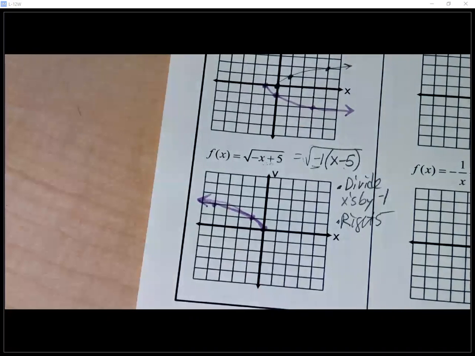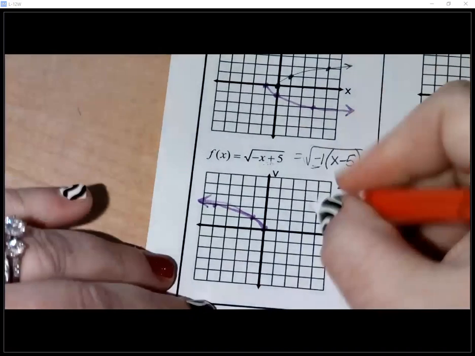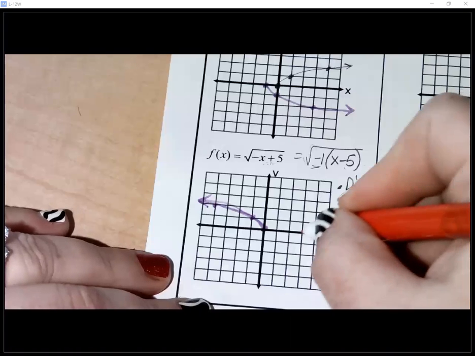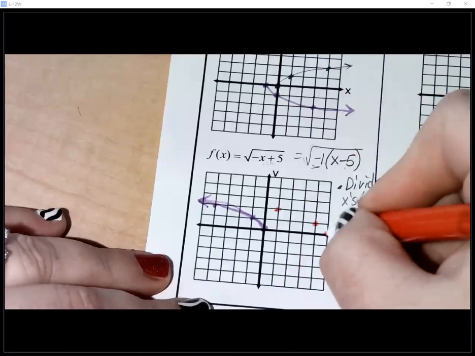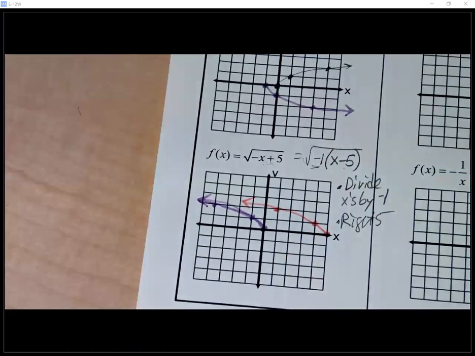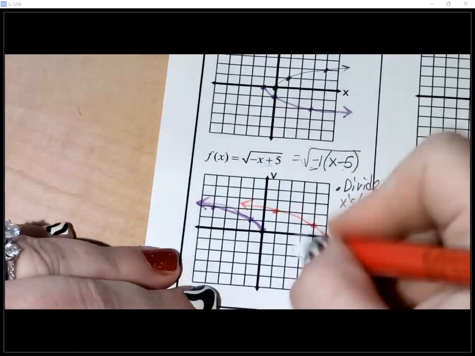So this is going to end up all the way over here. Does that make sense? So that red, this is my final right here.